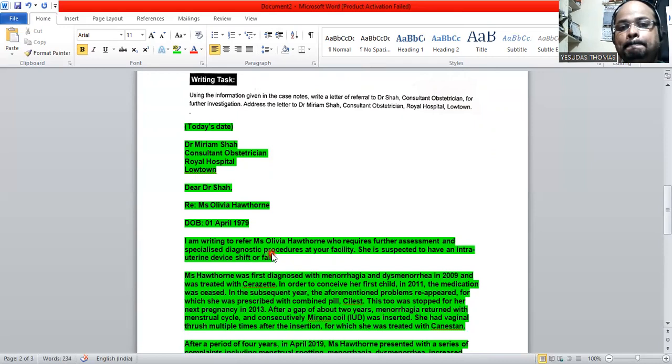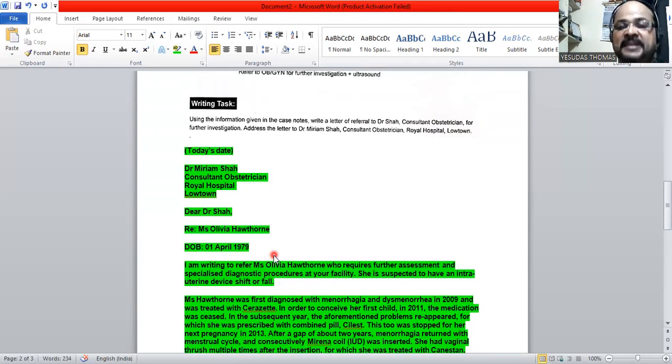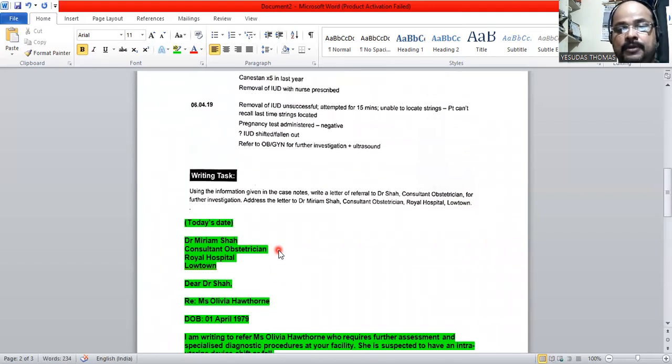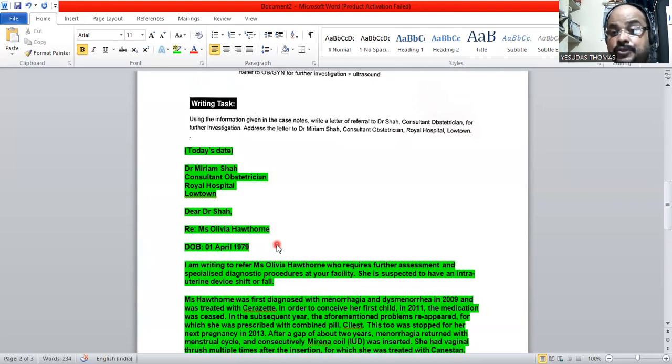It includes ultrasound. It includes, if any other procedures are there, it can include that, because you know that it goes with a further investigation. Further investigation and further assessment means you have to go ahead with specialized procedures, which can be done by an obstetrician at her specialized facilities.